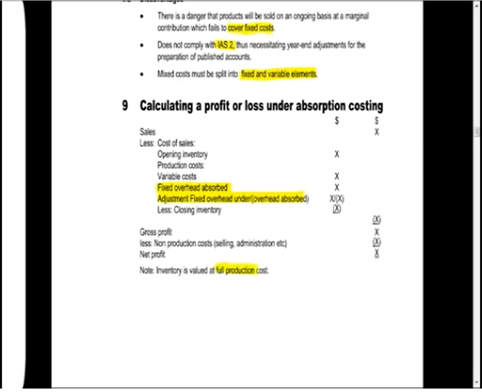And that closing inventory is valued at full production cost, whereas under marginal costing, it was only valued at the marginal production cost. Instead of contribution, we're then going to work out gross profit and then take off all of the non-production costs, so the fixed and variable selling and admin, to get down to the net profit.